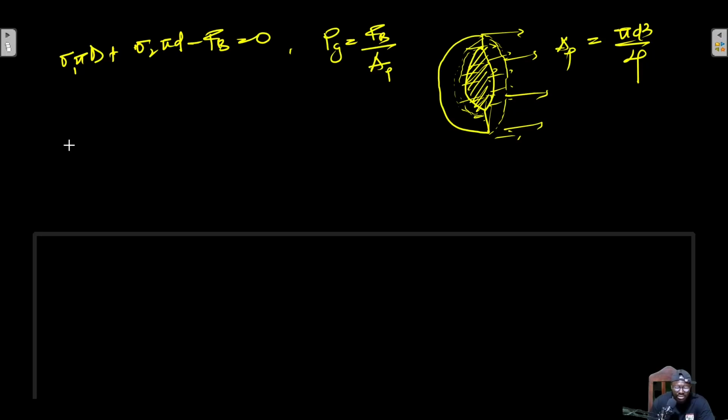So substituting everything into the expression, what do we have? Sigma 1 pi d plus sigma 2 pi d minus, the force will be the gauge pressure multiplying the projected area, so gauge pressure multiplying the projected area is equal to 0. There's one thing you should note.